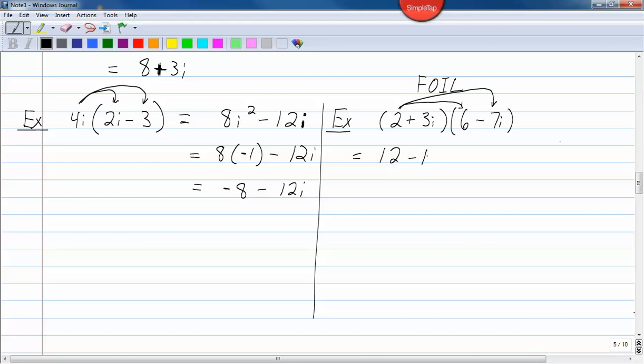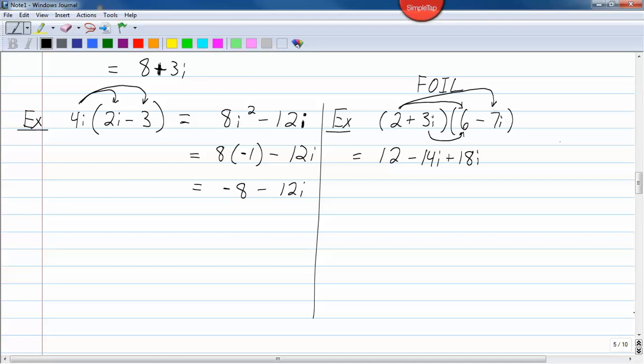So that's negative 14i. For the letter I, that means multiply the inner terms. These two terms. A positive 3i times a positive 6. That's positive 18i.